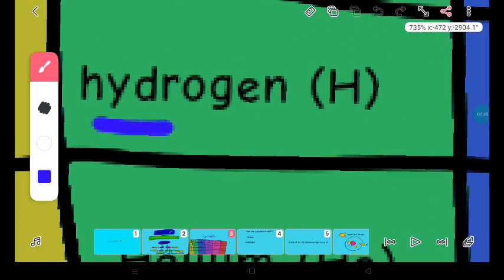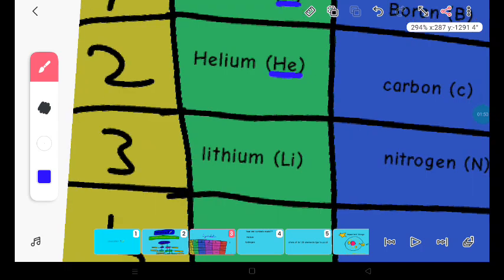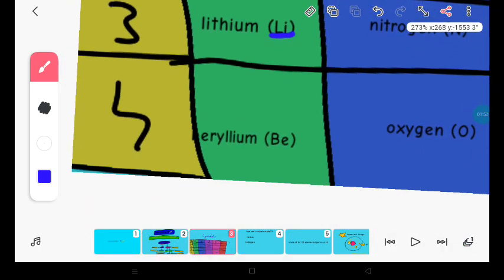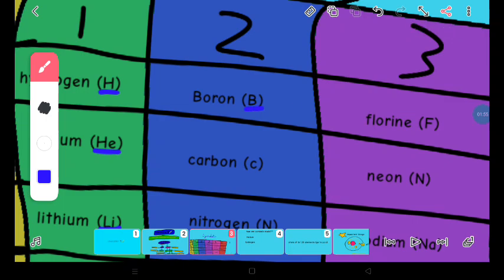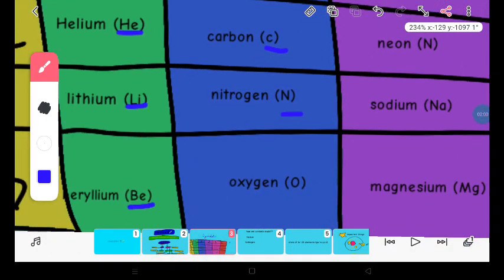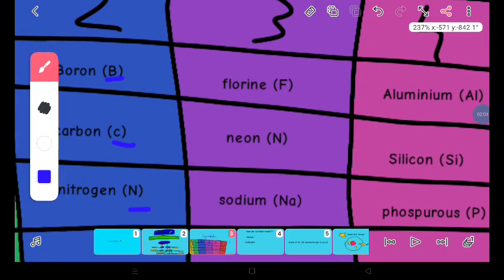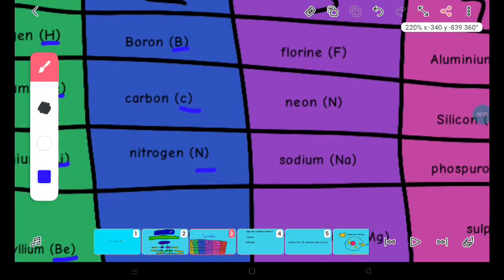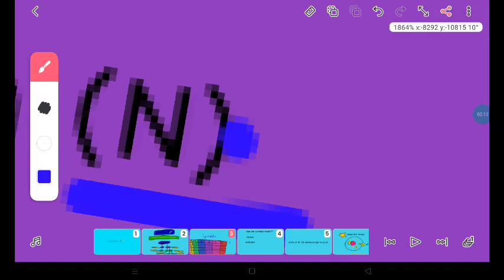First element is hydrogen, which is H, helium, which is He, lithium, which is Li, beryllium, which is Be, boron, which is B, carbon, which is C, nitrogen, which is N, oxygen, which is O, fluorine, which is F, neon, which is Ne.